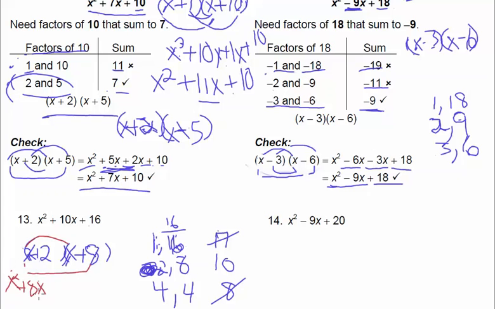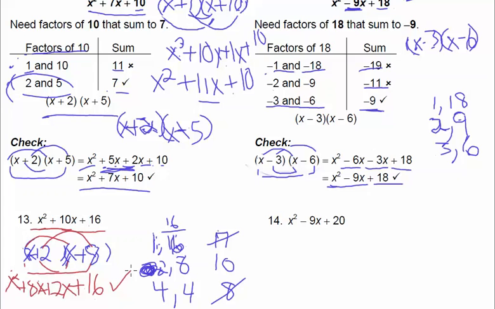The inner would be 2x. And then the last times last would be 16. And then when you add your middle terms together, 8x plus 2x is 10x. And then we have the plus 16. So it does check, it's going to work, and we got the right solution there.